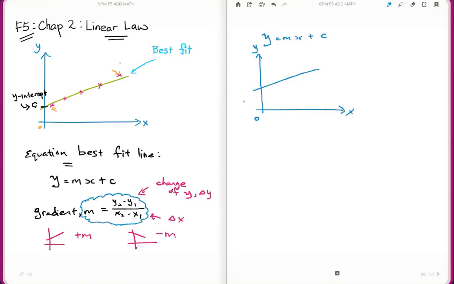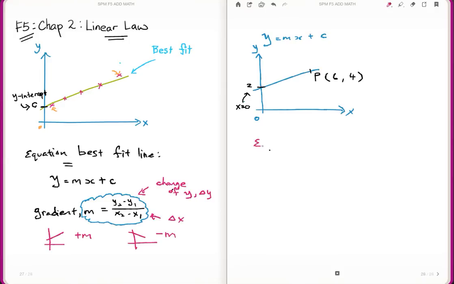If you're told the y-intercept here is 2, this coordinate is when x is equal to 0. And you were also told that it passes through a point 6, 4.